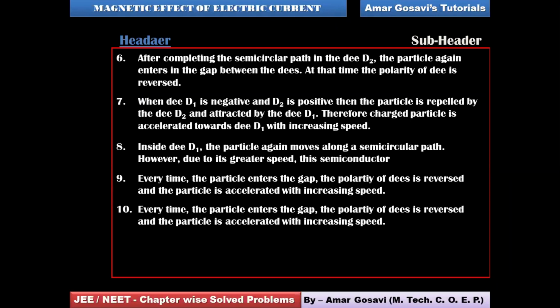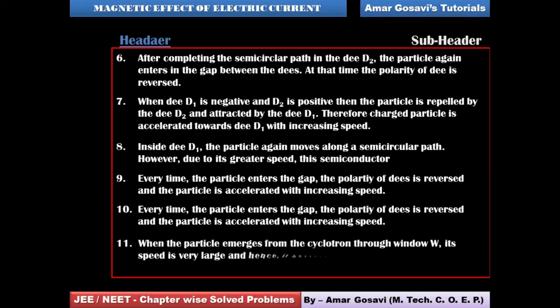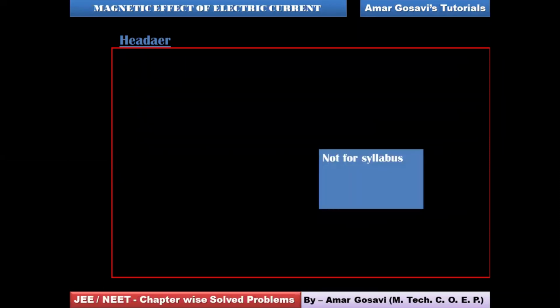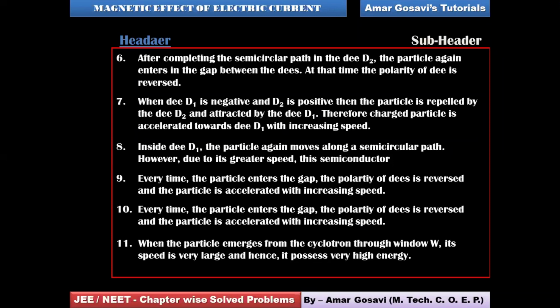So that's why the acceleration keeps on increasing with increasing speeds, right? So when it emerges from the cyclotron through that window, its speed is very large. It will possess high energy, and obviously it's ready to hit the target with high acceleration. Please make a note of these points before we proceed further.